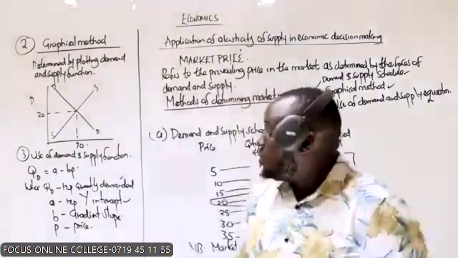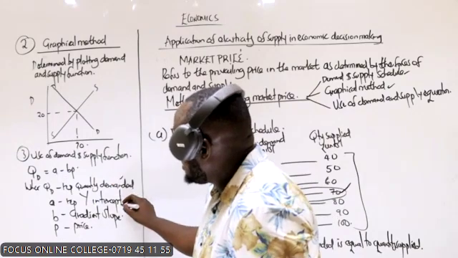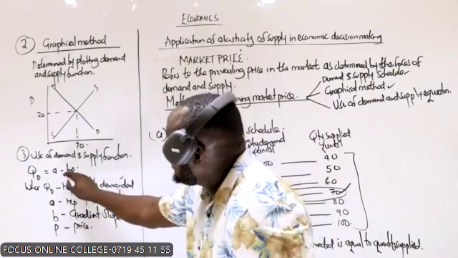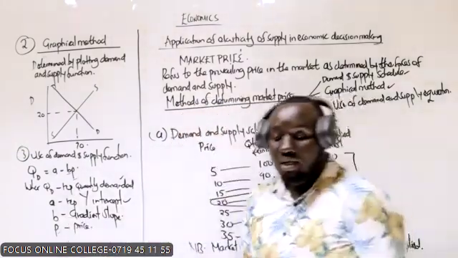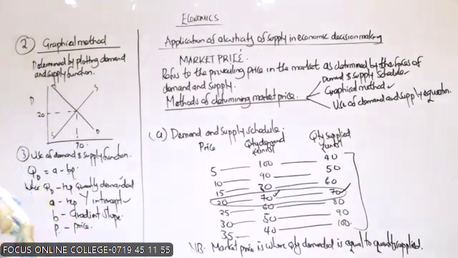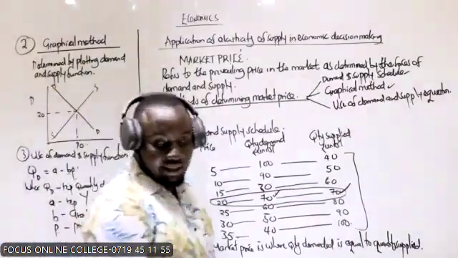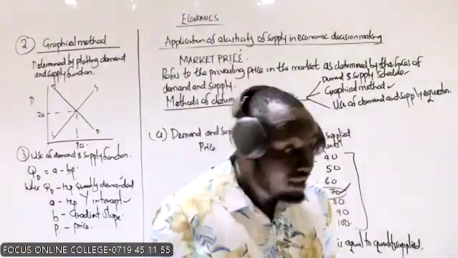So B is the gradient, and P is the price. If we are together, we respond with a yes.